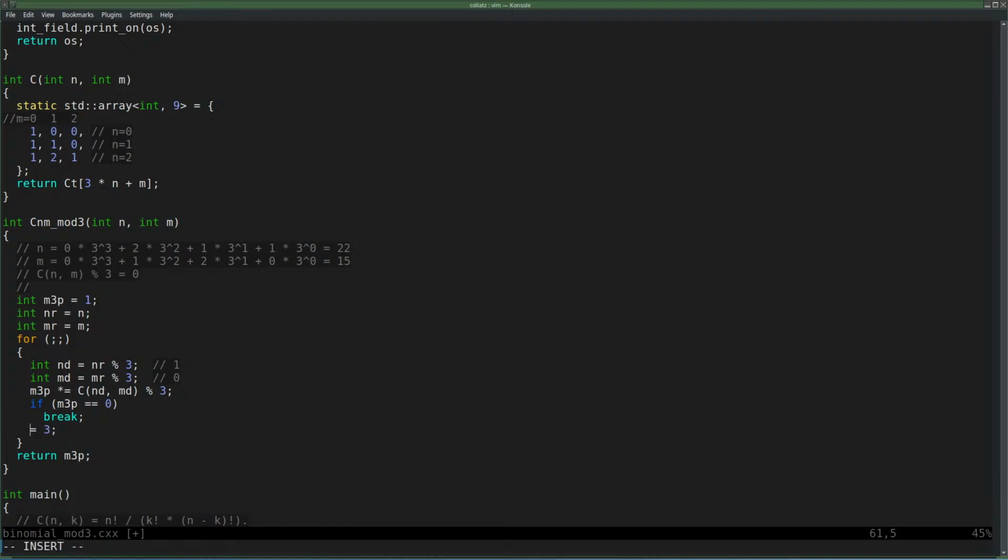So NR and MR is divided by 3, which is the same effect. But now I can break as soon as NR or MR becomes 0. So we do while NR is larger than 0 and MR is larger than 0.